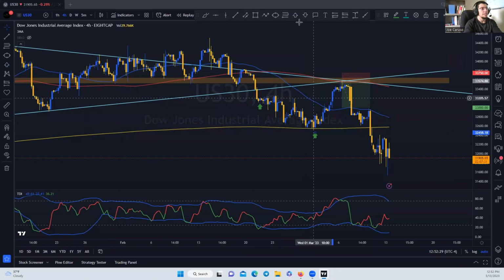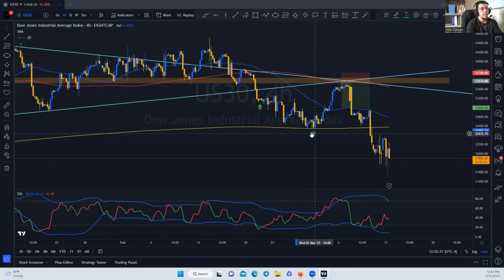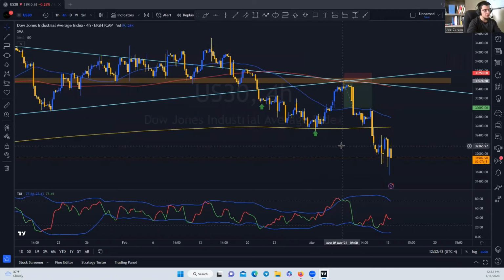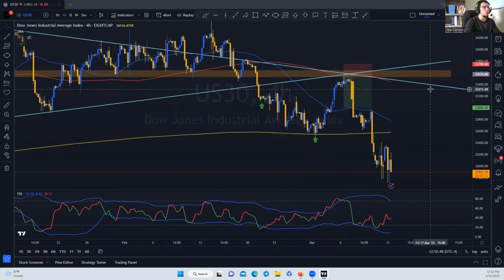That was the entry. From this point, price rose about 1,000 points, again with minimal drawdown. You can see how shark fin entries off of moving averages provide amazing trades when they match up with the other confluence.